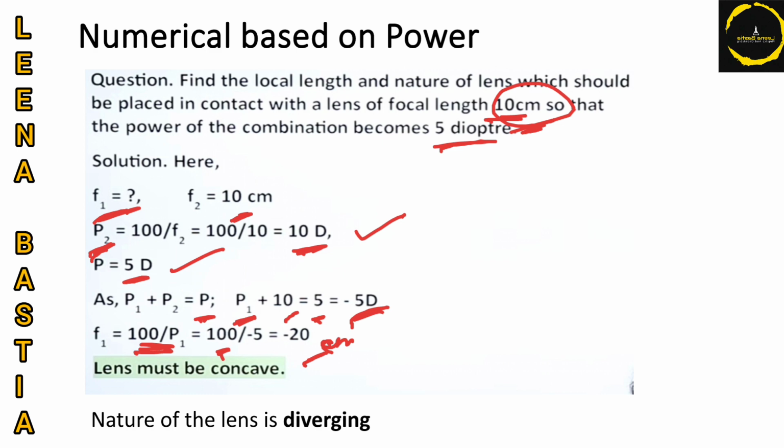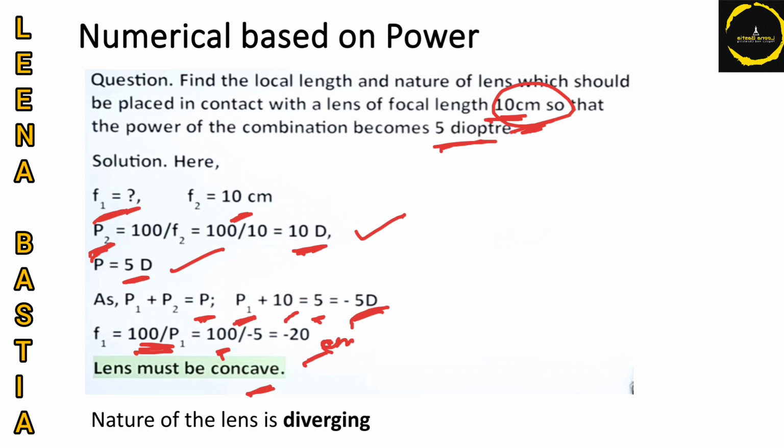So the lens must be concave. It has been understood. The lens is going to behave as a concave lens, because the one which is not given in the question is P1. It is talking about P1, and P1 is behaving as a concave lens.